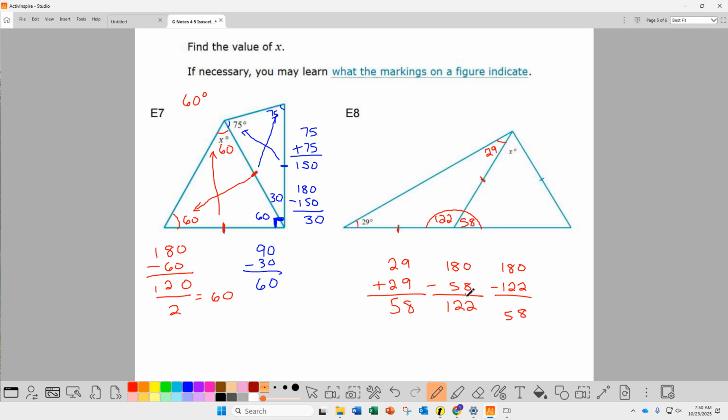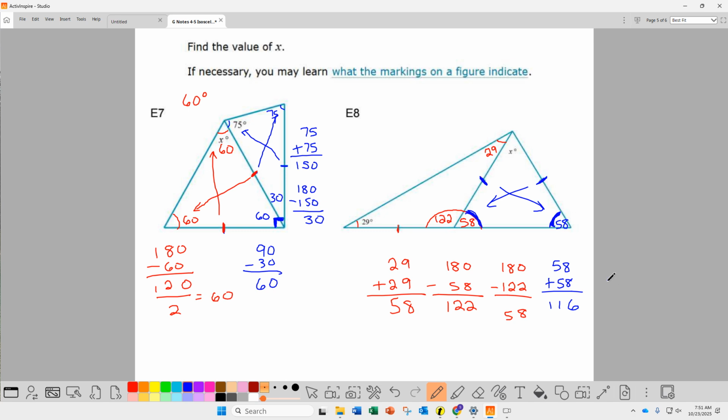So now I'll switch colors back again. If this base angle in this isosceles triangle, here's the two sides that are the same, that means these two angles have to be the same. So if this base angle is 58, then this base angle is also going to be 58. And then to find x, all you do is 58 plus 58 equals 116.